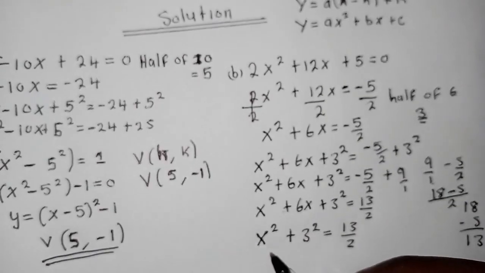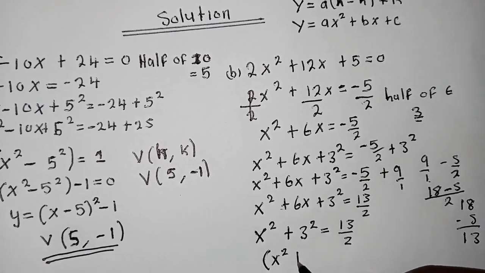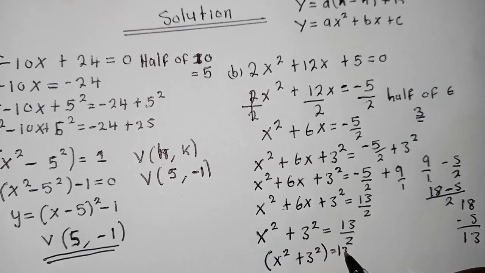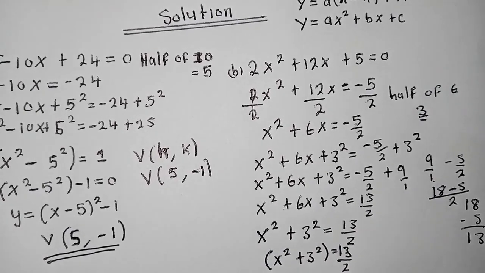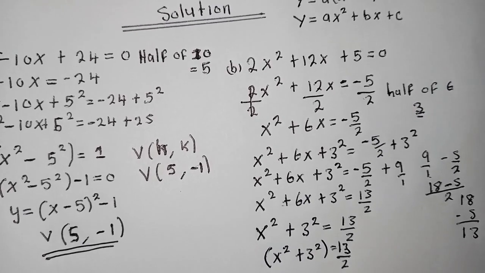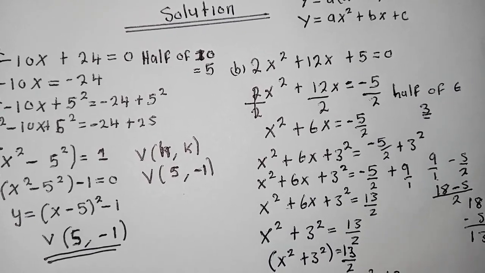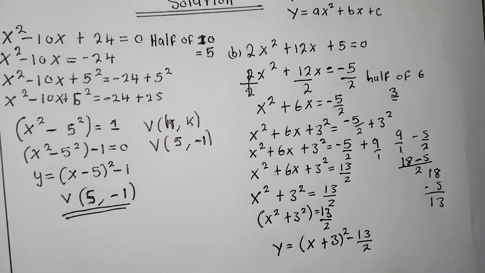This is just the same as x plus 3 to the power 2 equal to 13 over 2. This guy can come this side, and then our y is going to be x plus 3 to the power 2 minus 13 over 2, like that.